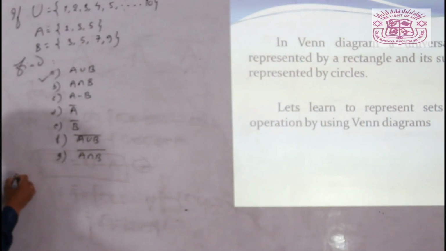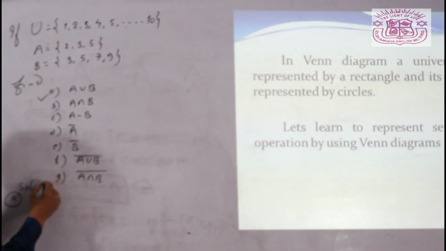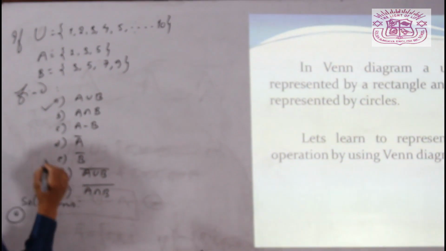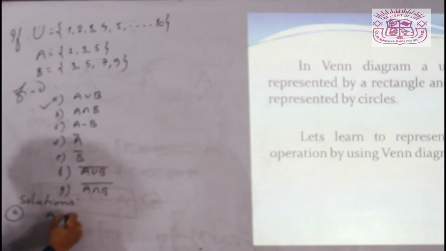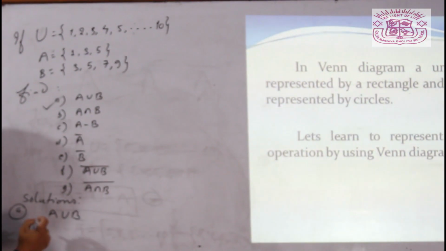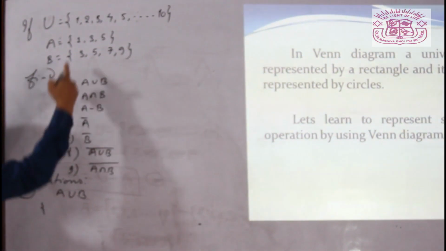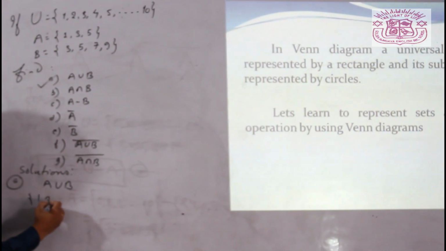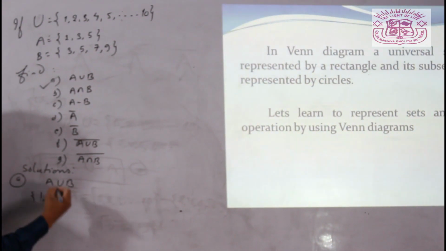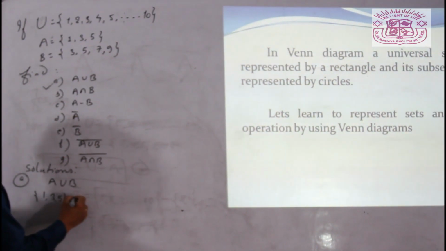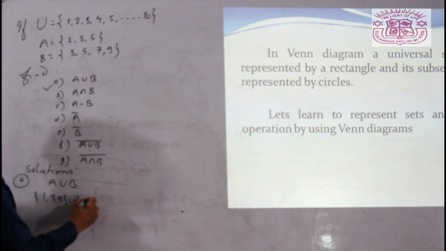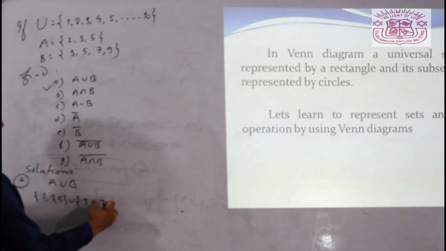Number A. For this A union B, you just write the elements of A: 1, 3, 5. Union, the elements of B: 3, 5, 7, 9.